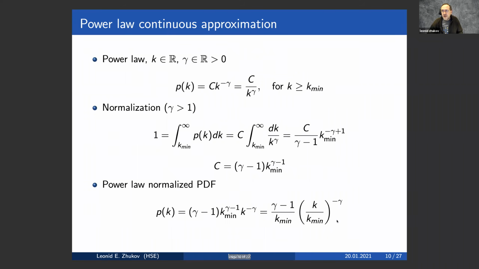It's a quite common way to deal with problems where you have sums. Instead of talking about a discrete distribution, for a second we're going to assume that k, the node degree, can take continuous values, can be a real number instead of a discrete number, an integer. And that's going to help us better understand the properties of this distribution.